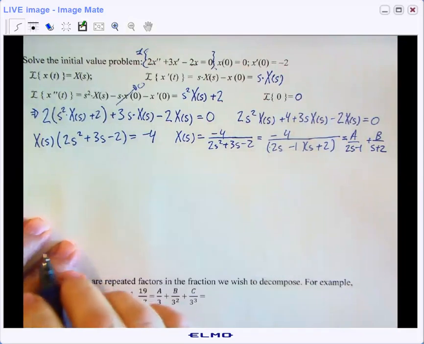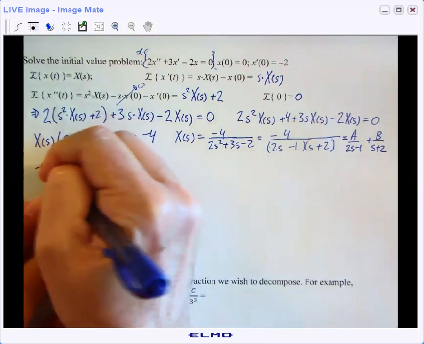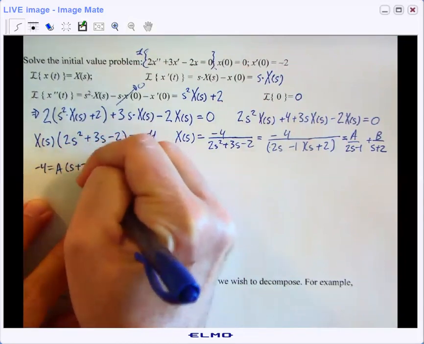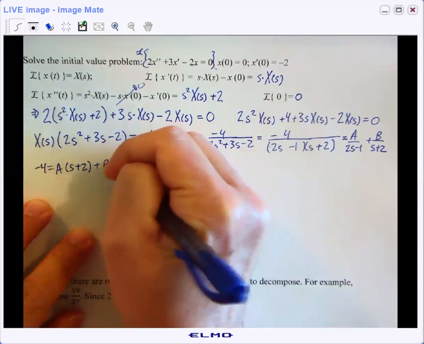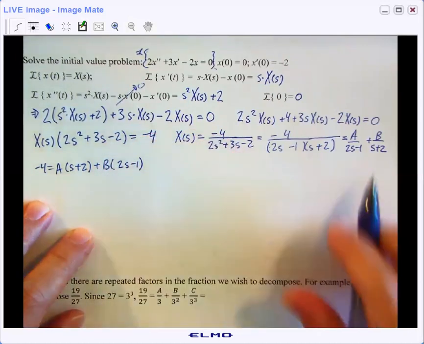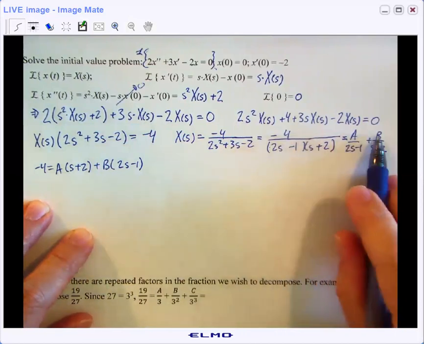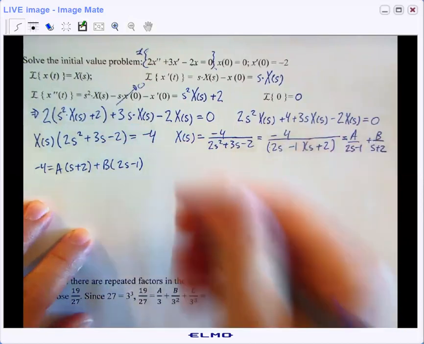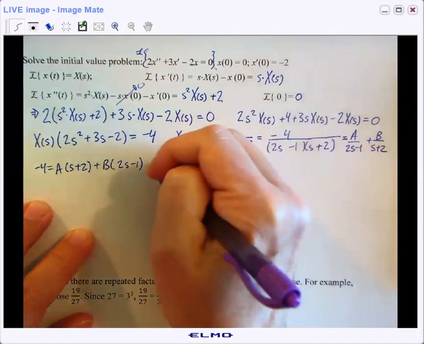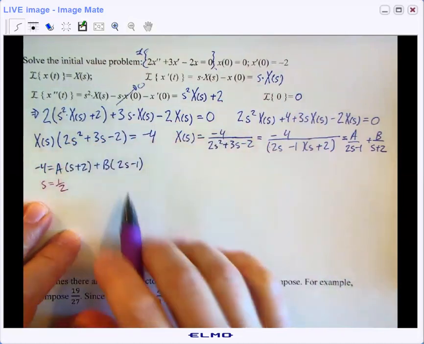Our next step in partial fractions would be that negative 4 is equal to A times (s + 2) plus B times (2s minus 1). Once we get a common denominator here, and if the denominators are all the same, then the numerators must be the same. And with a little bit of substitution here, we'll start out with s equals 1/2.